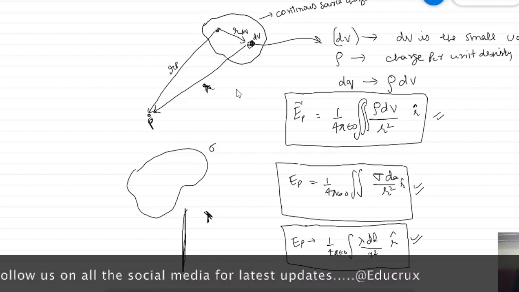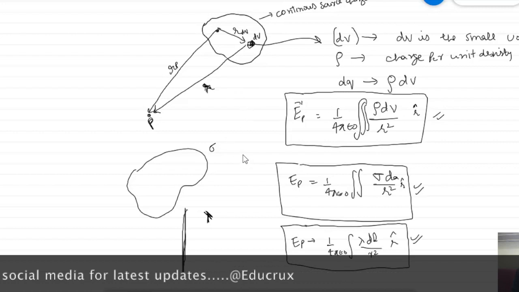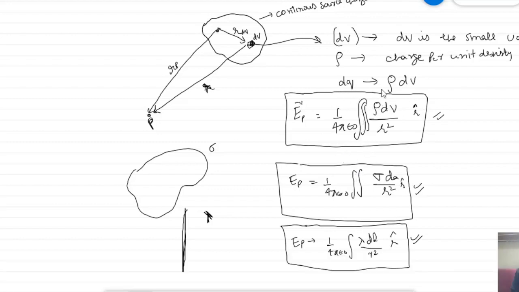This is a system of charged particles, but it is not a discrete distribution, it is a continuous distribution. That's why my summation changes to integration. When I move from discrete to continuous, summation changes to integration. Okay, so these are the formulas for calculating the field. So let's move to other topics in electrostatics.